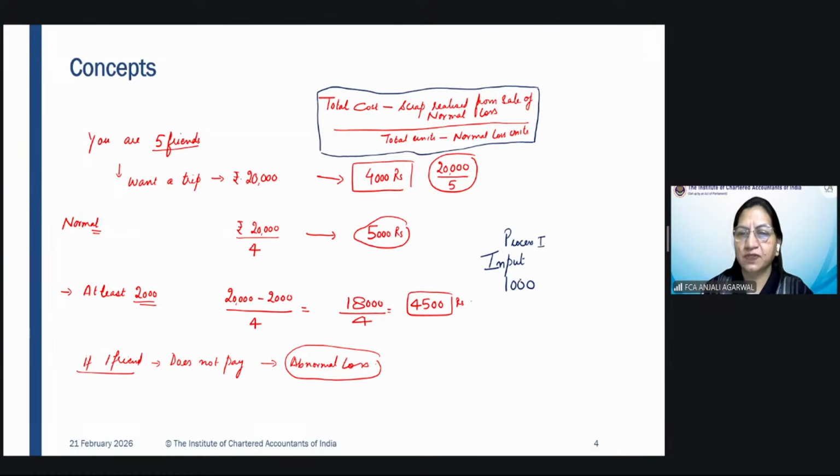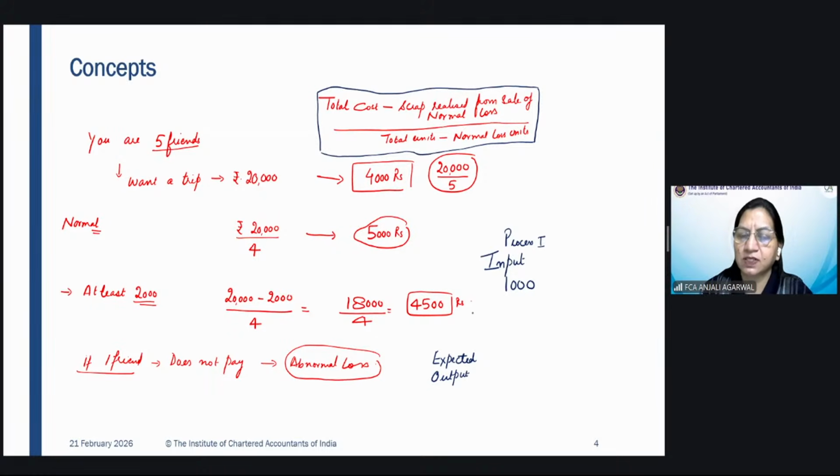What I mean to say is, input compared with expected output yield gives normal loss. And the final output compared with the expected output yield will give you the abnormal loss if it is less. So expected output is to be calculated where it will be clearly given in the question.